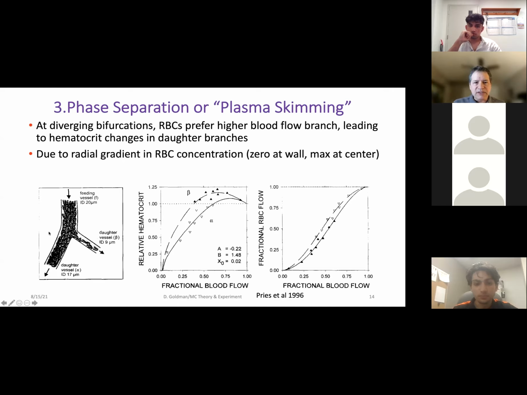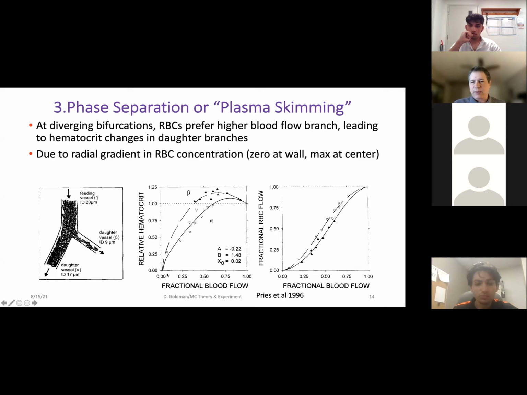But in small vessels, you have this plasma layer near the wall, you actually have higher concentration of red cells in the center than as you go out. And so if you take a small amount of red cells just near the wall, that will be low hematocrit, okay? And if most of the cells going this way are from the center of the vessel, they'll have higher hematocrit. And so that's why you get this effect, okay? Because of the radial gradient of red cell concentration.